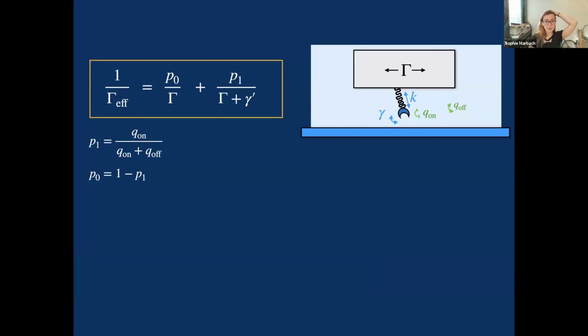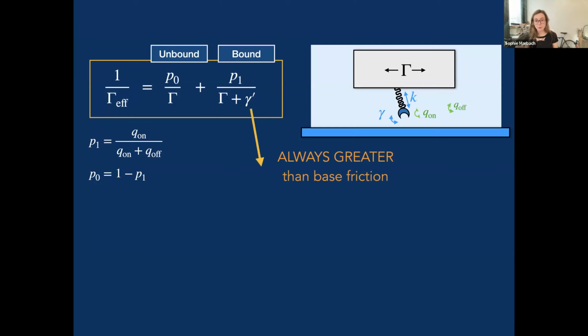The first term is related to the unbound states: it is the probability P naught that my particle is unbound over the friction coefficient gamma of the unbound particle. Then there's another term related to the bound states, where P1 is the probability for my leg to be bound, and the friction contribution in this bound state is some factor gamma plus a gamma prime.